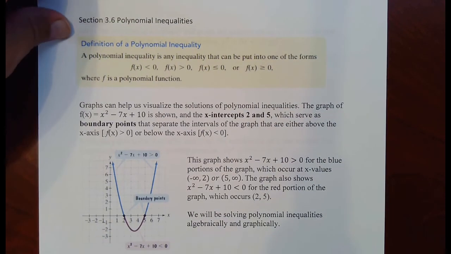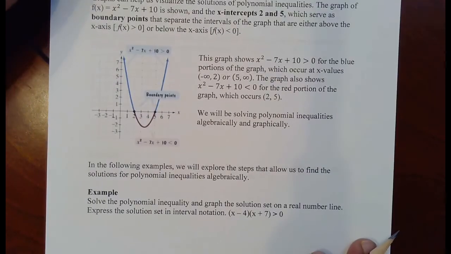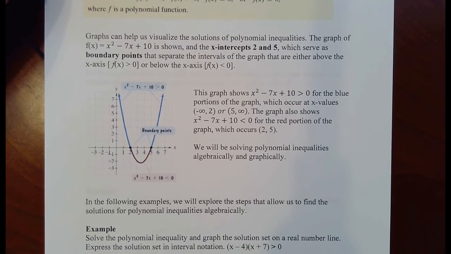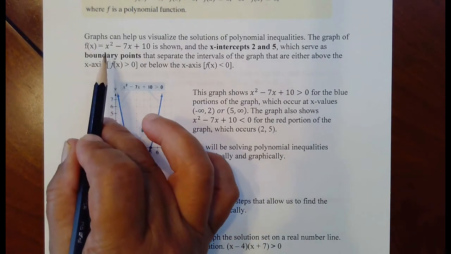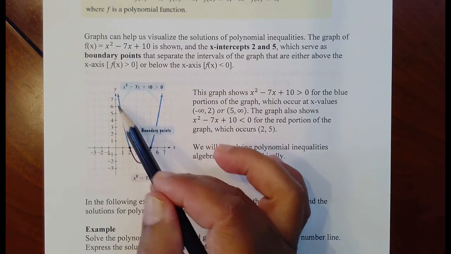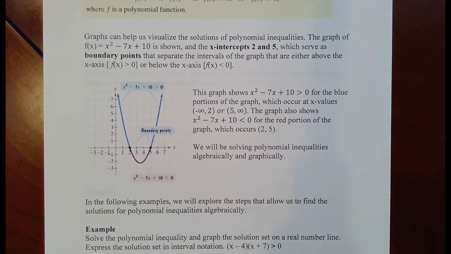So in this very first diagram, I have provided you with a picture of a polynomial function. That function, being second degree, would be a parabola, and so here you see the parabola being graphed.